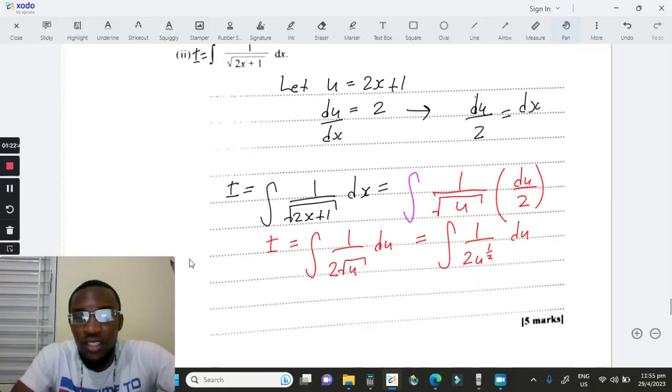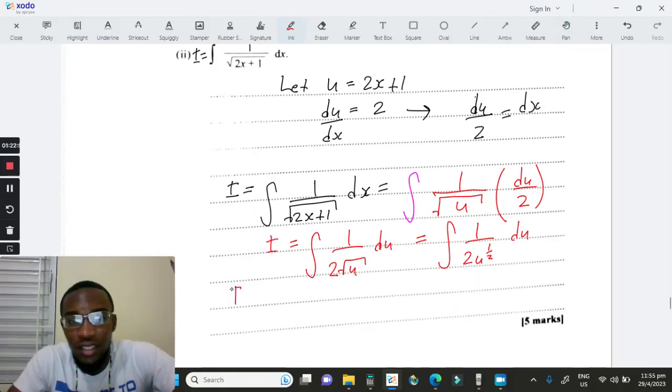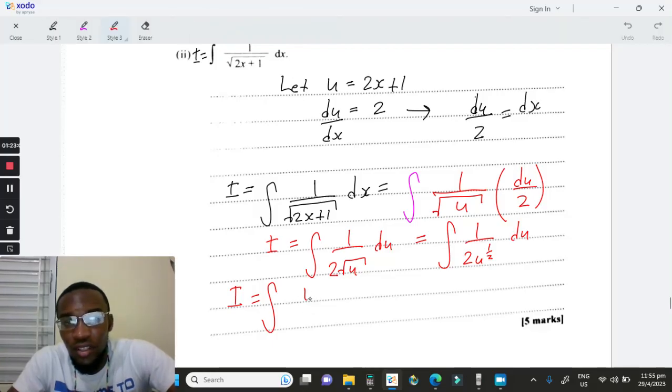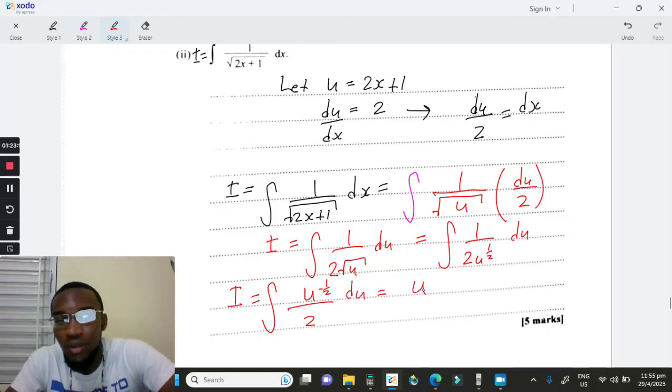Now when u to the half is in the denominator, bringing it up to the numerator it becomes u to the negative half. So it is u to the minus half over 2 du. Then the rule of integration says add 1 to the power, minus half plus 1, and then divide by that new power.